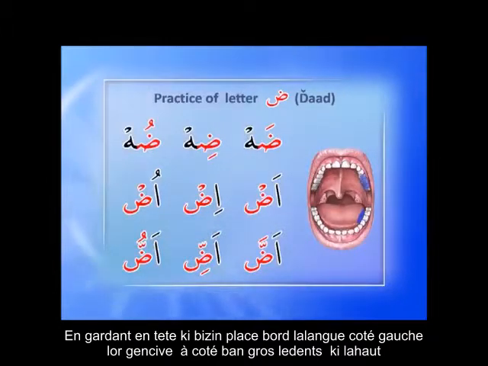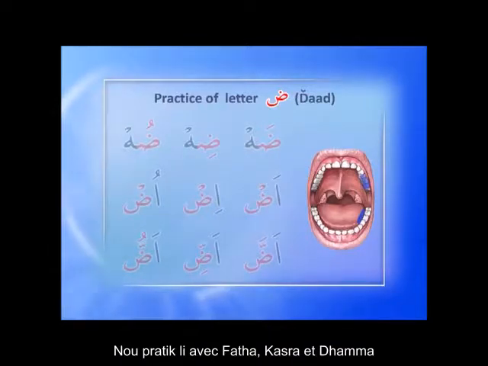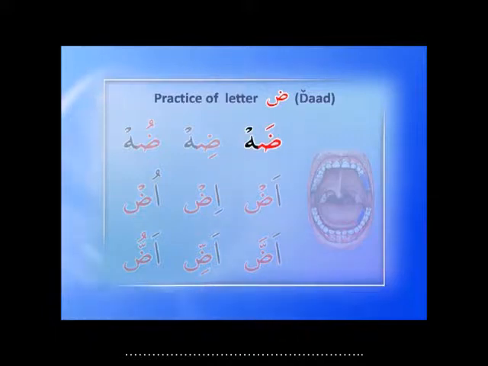Now, practice of letter Daad. Keep in mind that you have to place the left edge of your tongue on the left upper molar teeth. We will do that with Fatha, Kasra and Dhamma, three lines and three columns. Dah, dah, Di, di, Duh, duh, Ad, ad, Id, id, Ud, ud, Adda, adda.